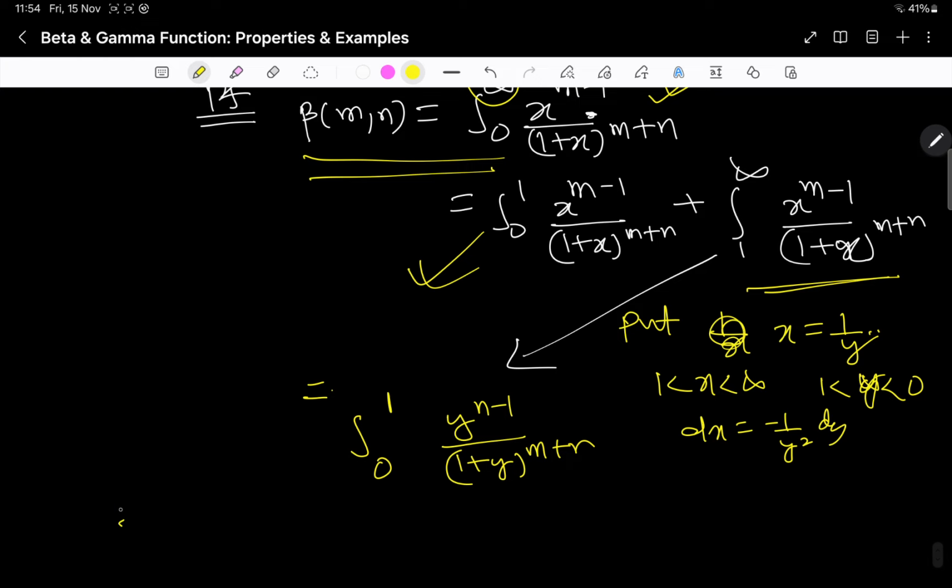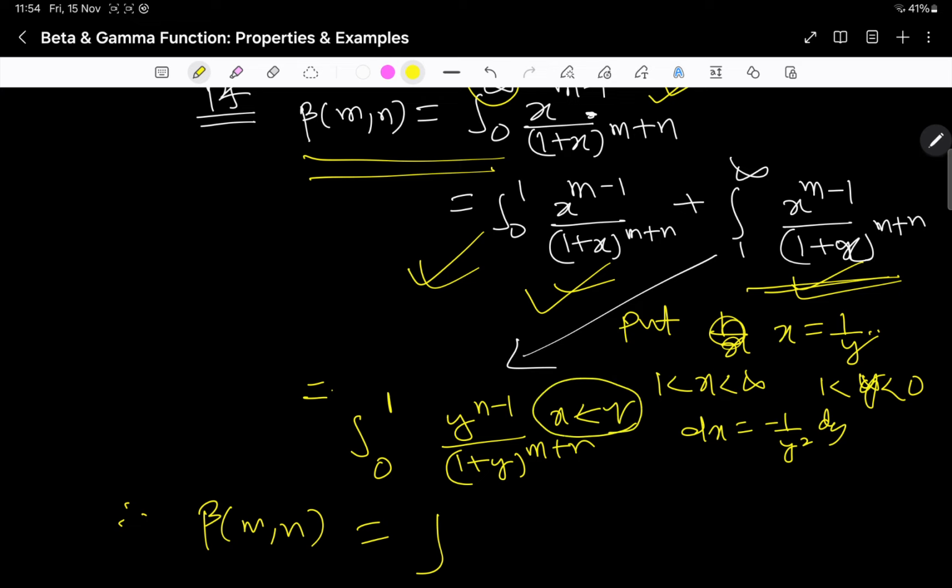Therefore, adding these, you replace x by y, since the definite integral is independent of the variable, so beta mn is integral 0 to 1 of x to the power m minus 1 plus x to the power n minus 1 divided by 1 plus x to the power m plus n.